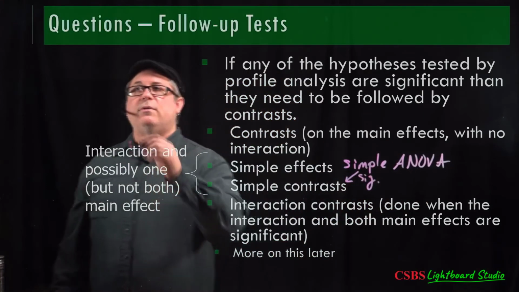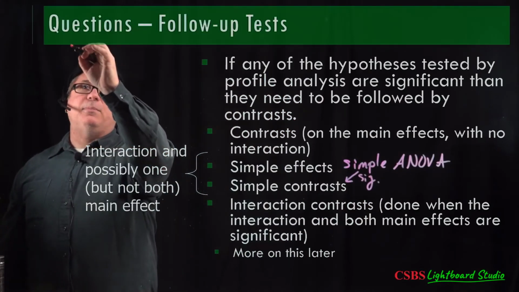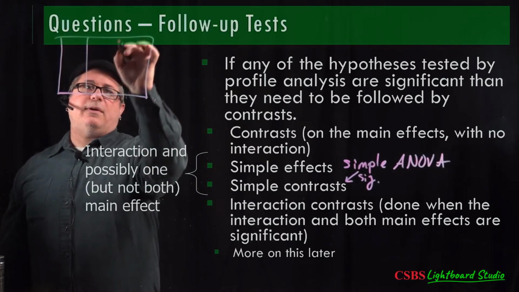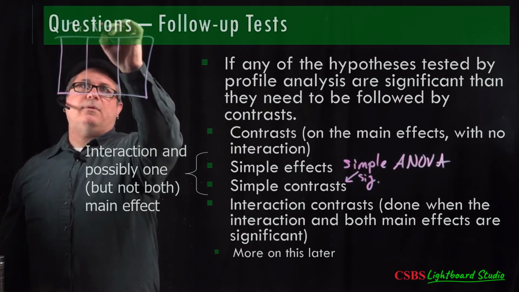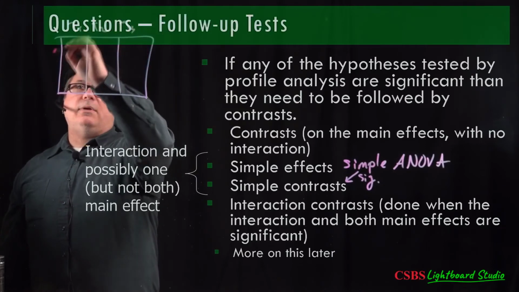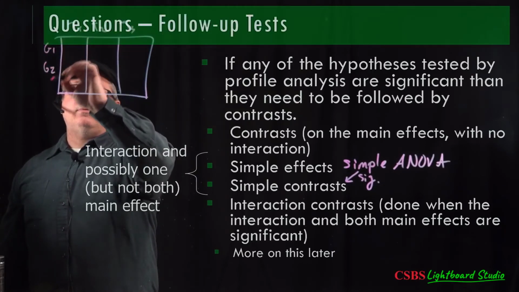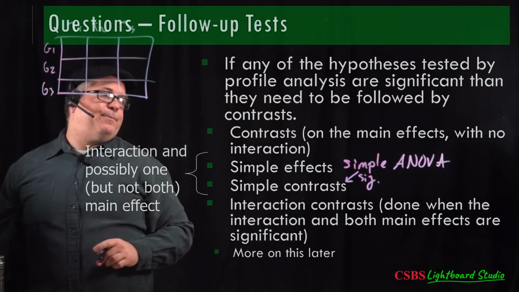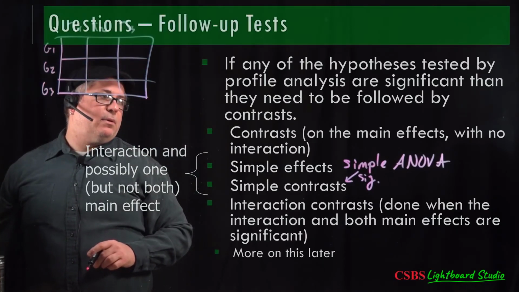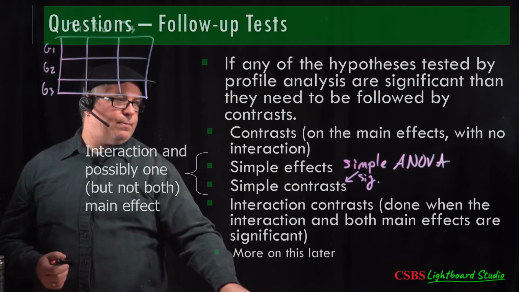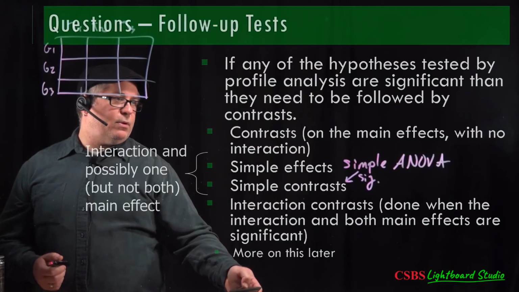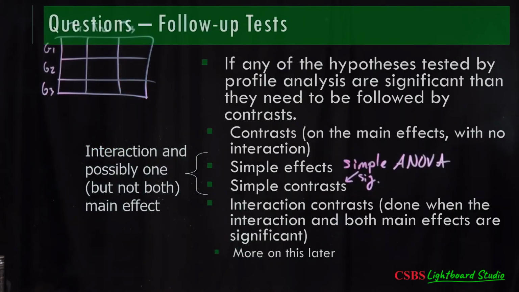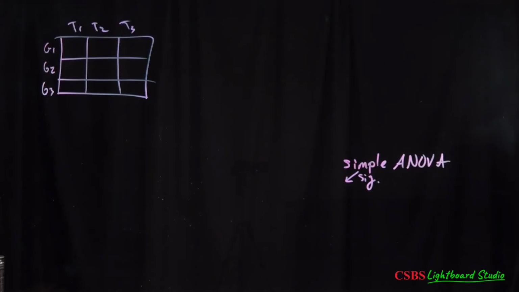So as a reminder, because I'm sure you didn't have this memorized, let's say you have 3 time points, time 1, time 2, time 3, and you have group 1, group 2, group 3. And you find out that the interaction is significant, and you want to be able to break it down. Let's see if this will work. Yay.